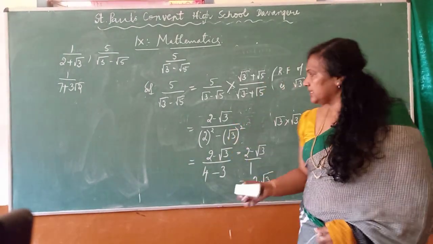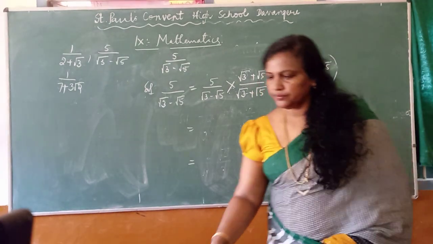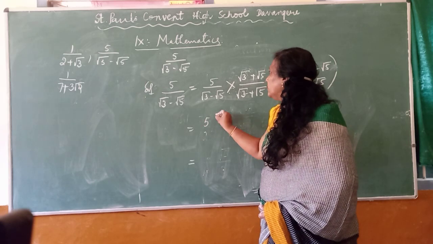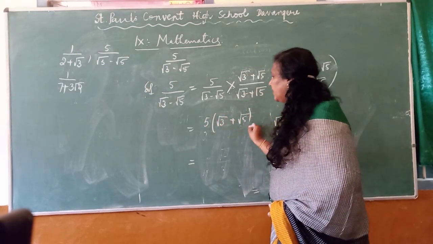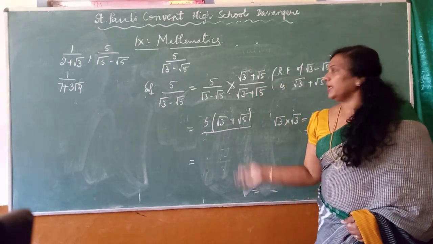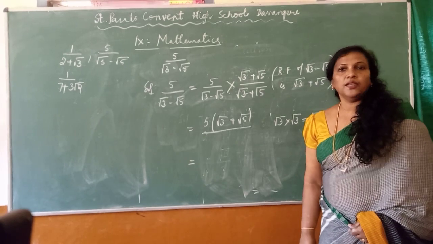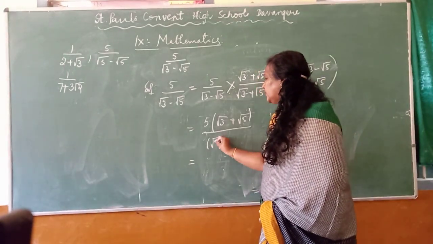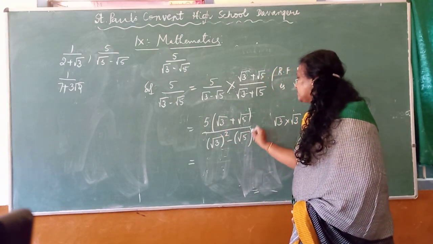Hope you know now what is the next step. Into root 3 plus root 5 divided by, this is of the form a plus b into a minus b. What is a plus b into a minus b? It is a squared minus b squared. A means root 3 whole squared minus b means root 5 whole squared.